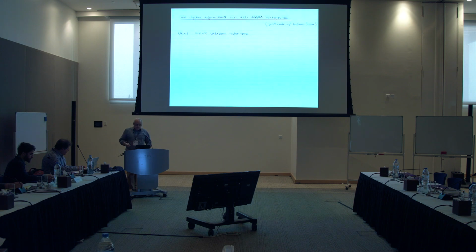Associated to a vector space with an inner product, of course, you have the Clifford algebra, and inside there, the spin group itself. I'm going to use the notation S for one of the two irreducible Clifford modules.